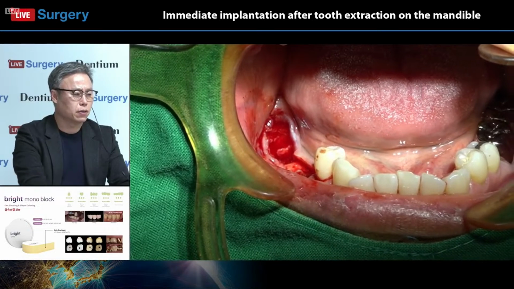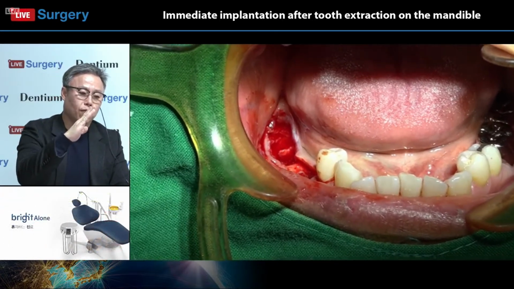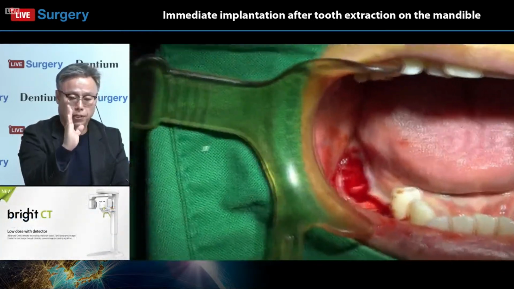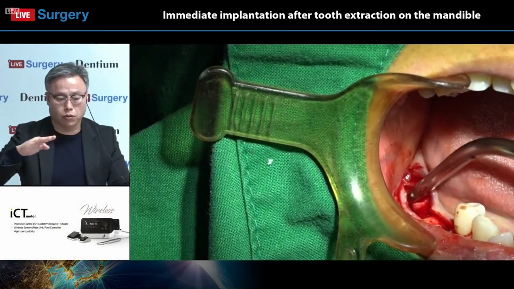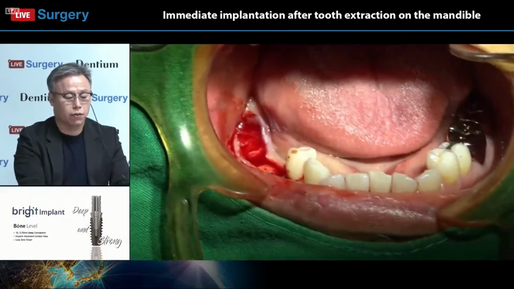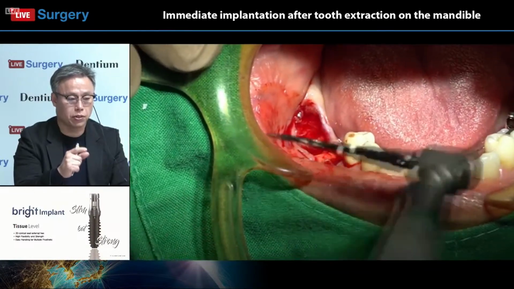As I mentioned, the number 45 is angulated distally, so we don't have to follow that direction. The axis of the implant should be perpendicular to the occlusal plane and parallel to the adjacent tooth. Therefore, we can get pretty much of the residual bone for getting the primary stability.